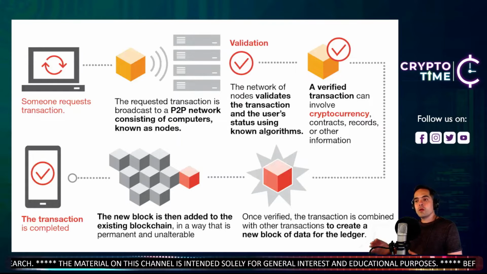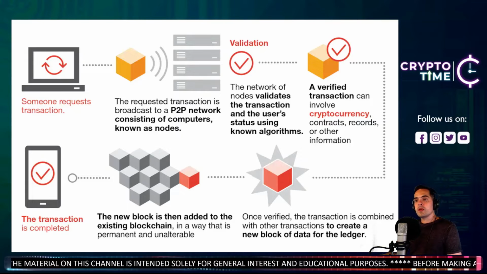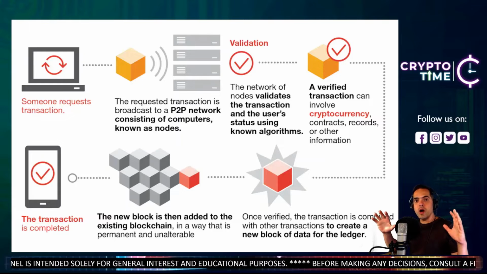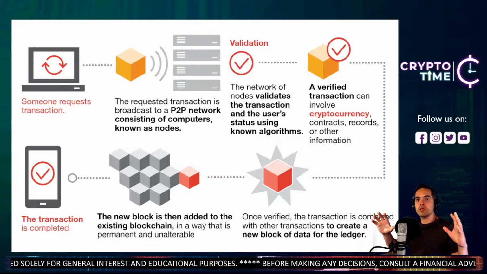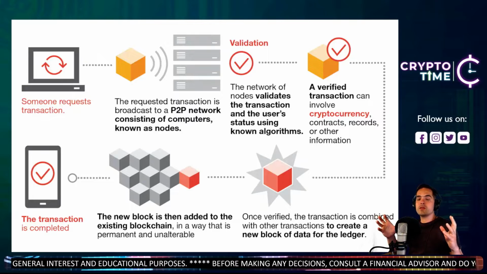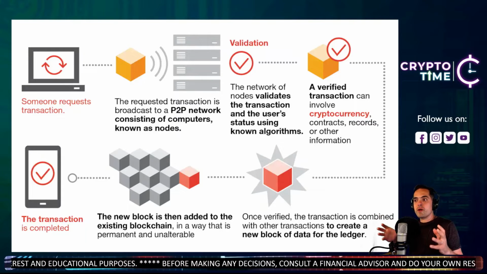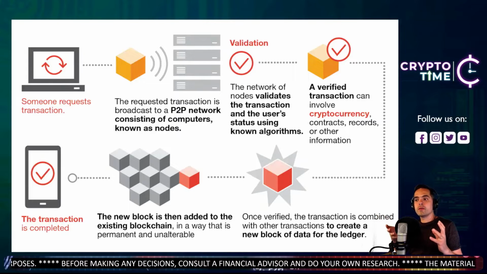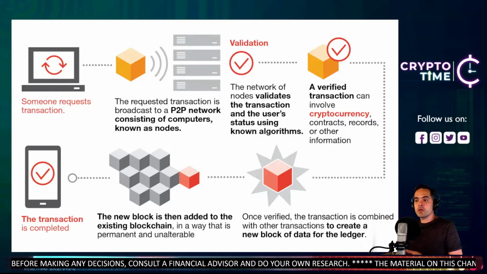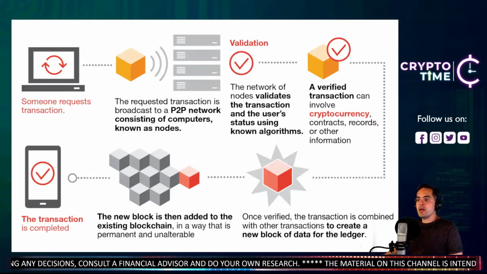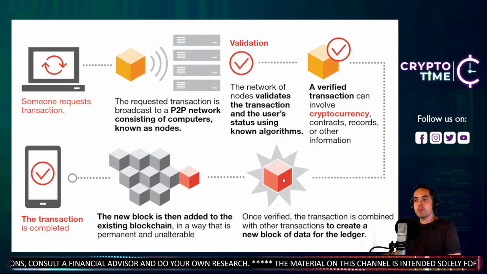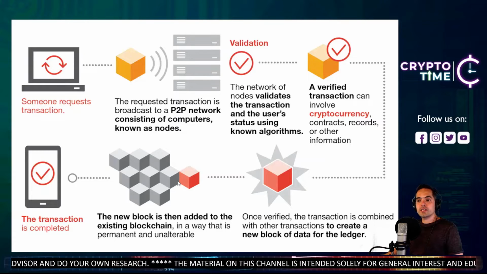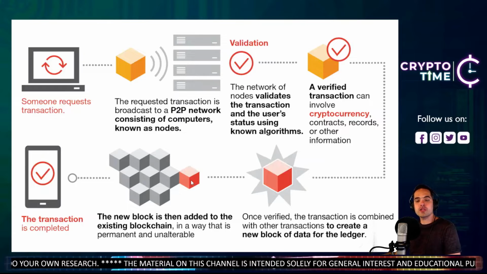So again, we are requesting a transaction, then that request is broadcast to all computers part of that network, and they work to validate it. Once they verify and validate it, they add it to other validated requests, and then we have another block of data, and that new block of data is now added to the existing blockchain.